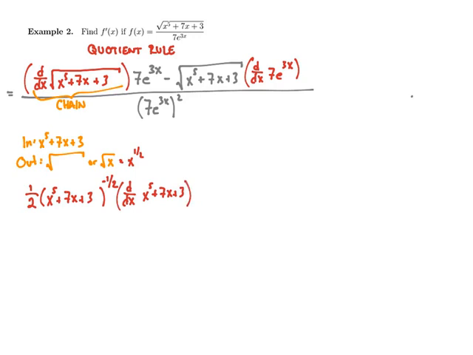And that's going to give us total this 1/2 x to the 5th plus 7x plus 3 to the negative 1/2 times the derivative of x to the 5th plus 7x plus 3, which is 5x to the 4th plus 7.